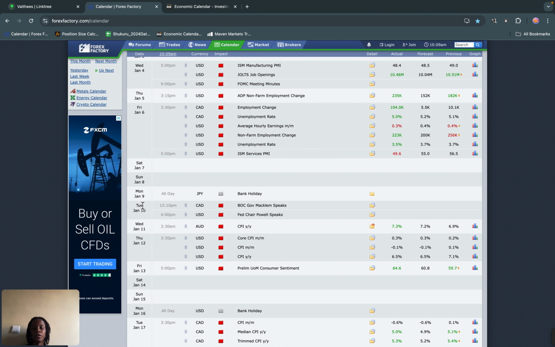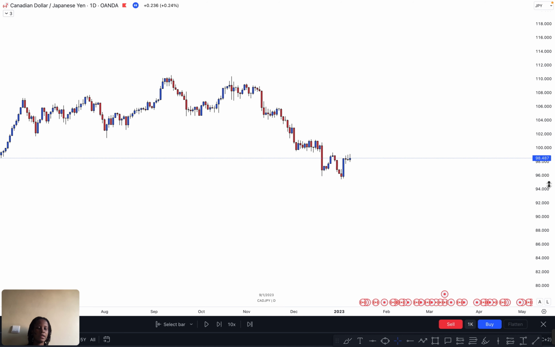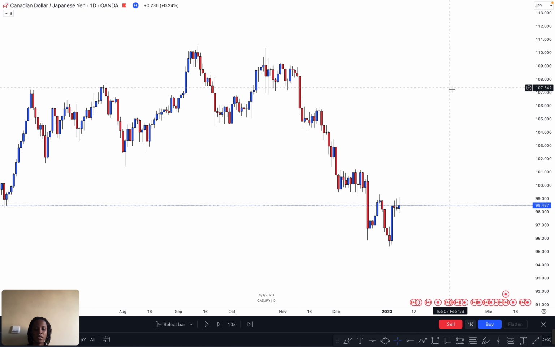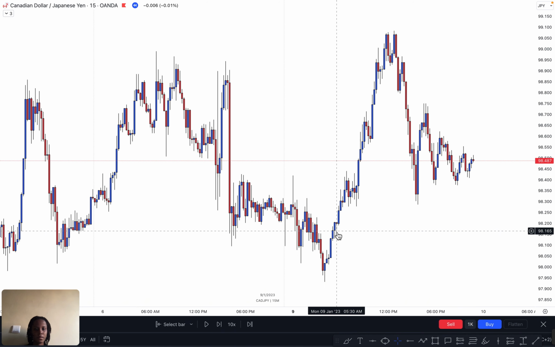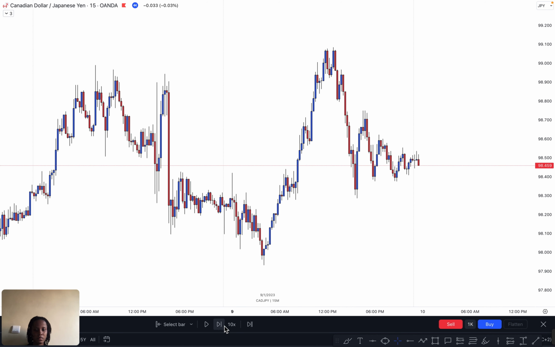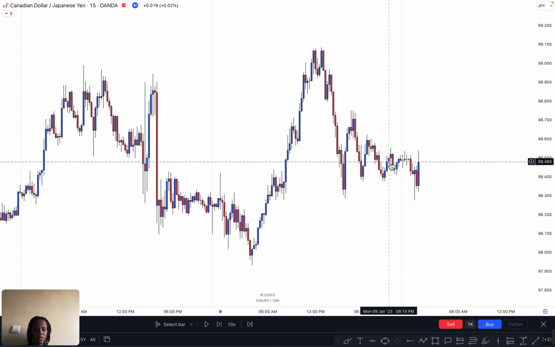Remember, we look for all the rules. We go in daily and you see how the candle of the 9th closed, so that we can look for entries on January 10th, which is Tuesday. In the daily time frame, this is the candle on January 9th. Let's go in the M15 and see how that candle closed. Here is Monday the 9th.